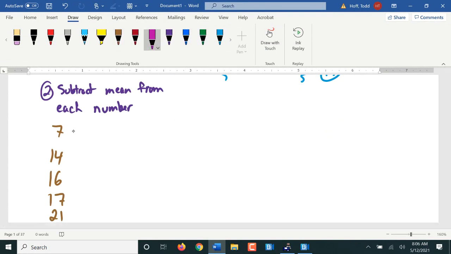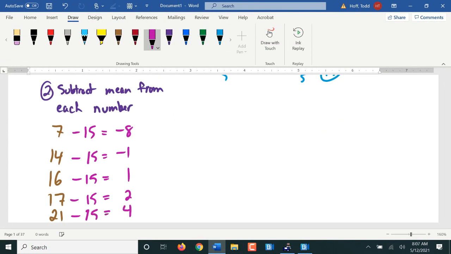I'm going to subtract 15 from each. 7 minus 15 is negative 8. 14 minus 15 is negative 1. 16 minus 15 is a positive 1. 17 minus 15 is 2. 21 minus 15 is 6. These, by the way, are referred to as the deviation.